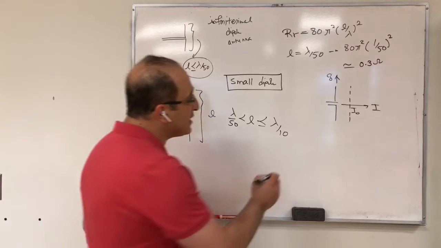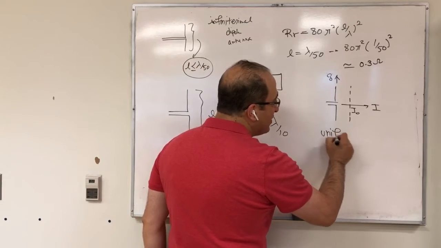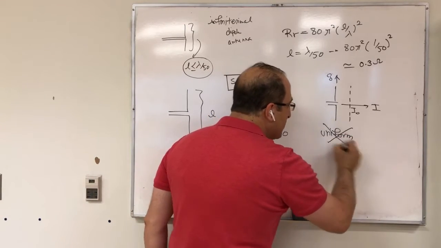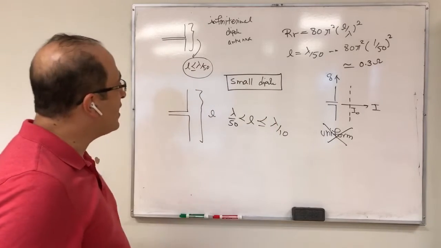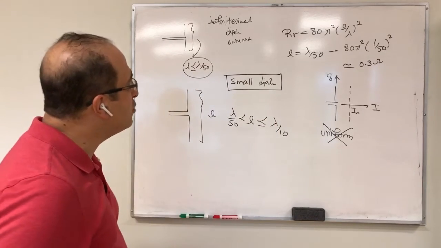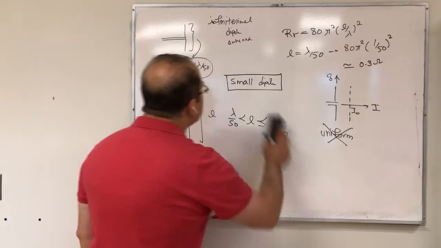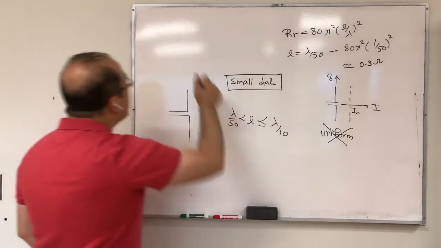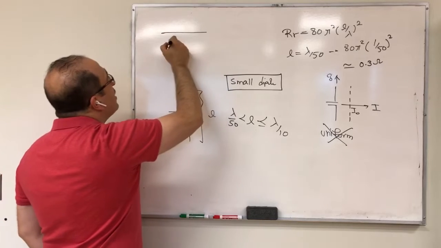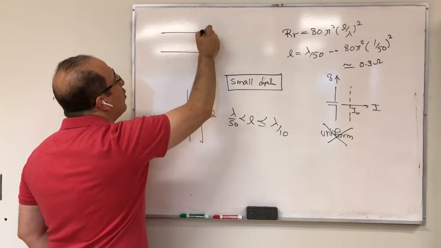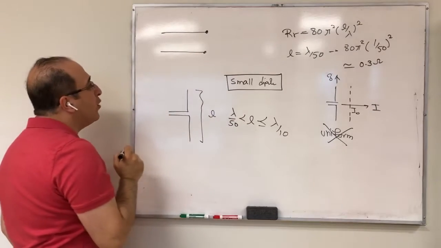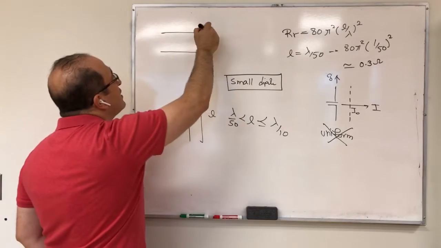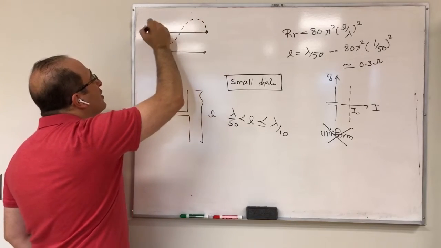So this assumption of uniform current that we had in the previous step is gone. I'm going to assume that the current, in fact, goes to 0. So let's see what the current would be. Remember, a dipole antenna comes from an open-ended transmission line. This is the current on the transmission line.